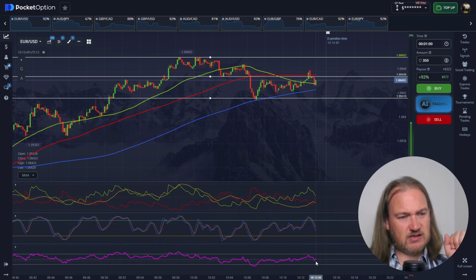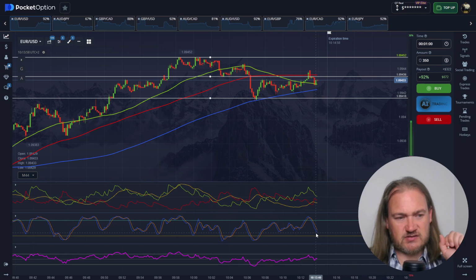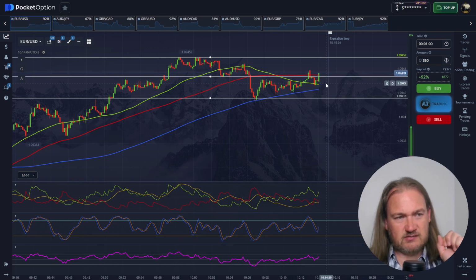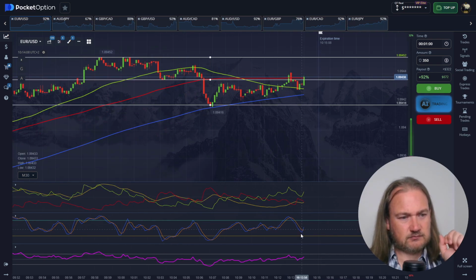This might have been worth taking a trade here, but it's currently forming valid hidden bullish divergence. So what I'm going to do is just wait for this to finish forming, and this should be, oh, that move was too quick. It should be going up for a bit.